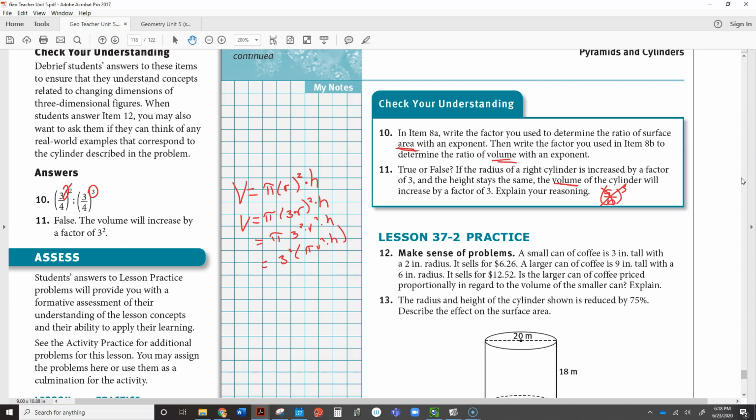So this is the same, and this is how much bigger it is. So it says the height will be the same, the volume of the cylinder will increase by a factor of 3. And the answer is no, it's going to increase by a factor of 3 squared. A lot of people will put 3 cubed because they think that this falls under that same situation as when all dimensions changed. If all dimensions had changed, it would have been 3 cubed.